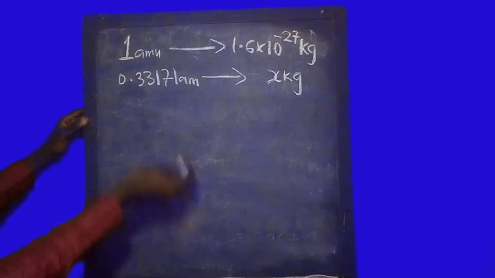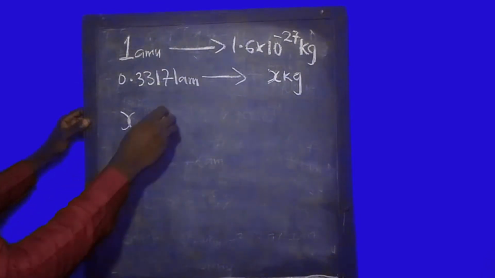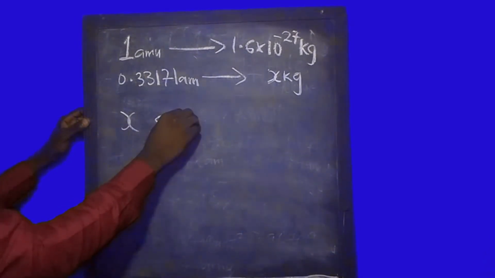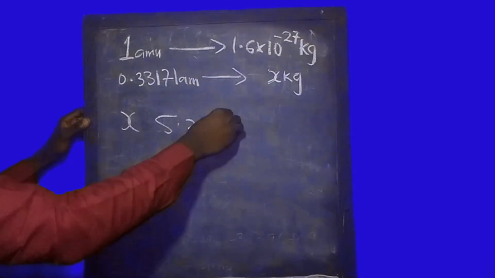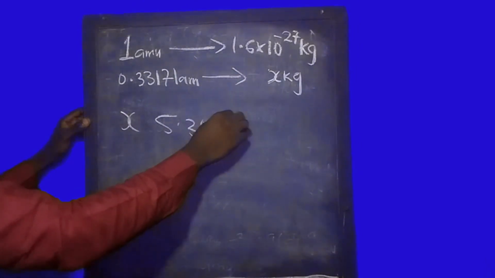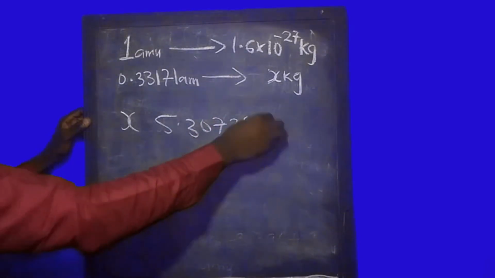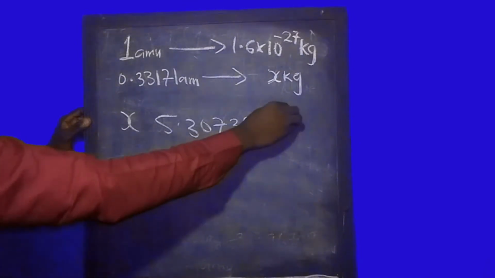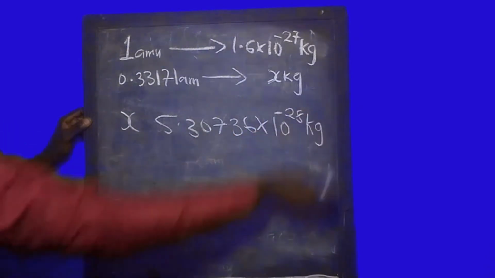If you cross multiply it, then definitely x is going to be 5.307336 × 10^-28 kilograms.